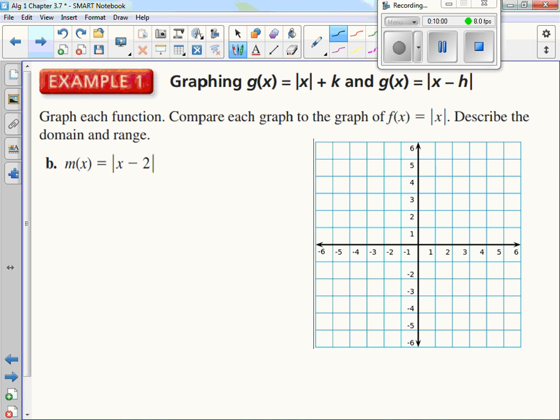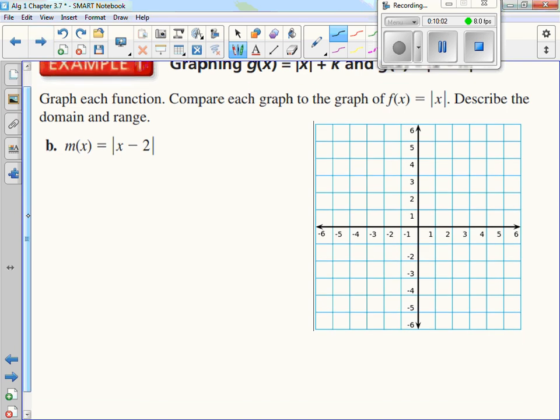So let's look at this one here. Now we have the function f of x is equal to the absolute value of x minus 2. It would be a horizontal translation because we have a number inside, yes? So it would be a horizontal translation of 2 units to the right or to the left?